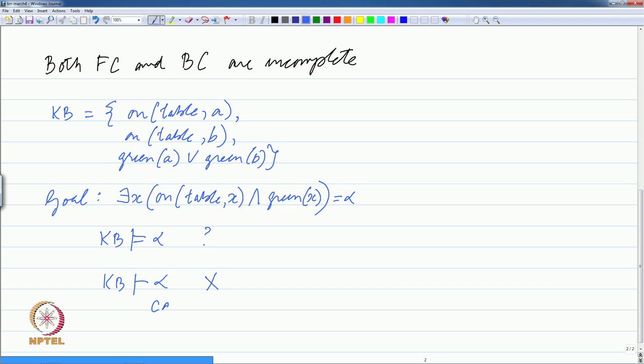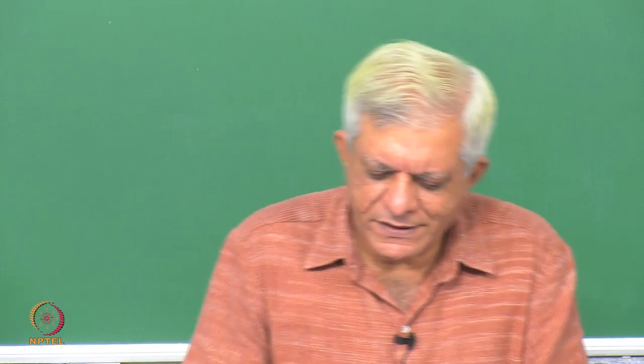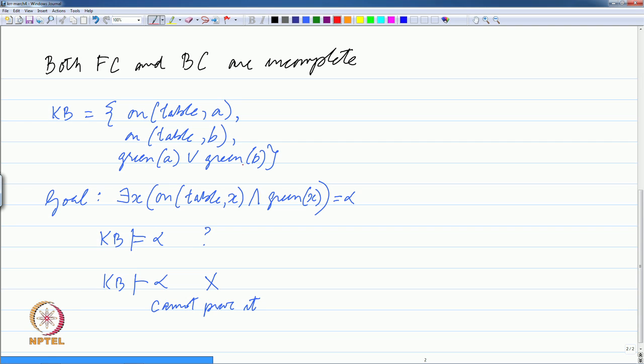we cannot prove it. Irrespective of whether you try forward chaining or backward chaining, you cannot prove this fact essentially. In fact, there are hardly any rules in the knowledge base. The best you can try to do is convert this into a rule.